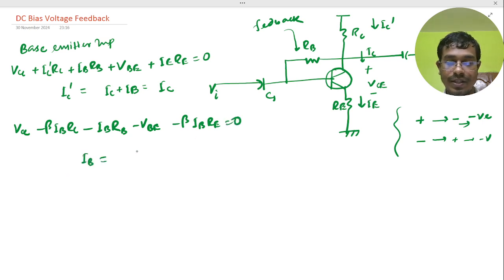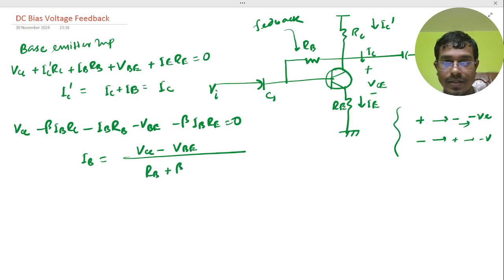We get the base current IB is (VCC minus VBE) divided by RB plus beta (RC plus RE). This is our final outcome.